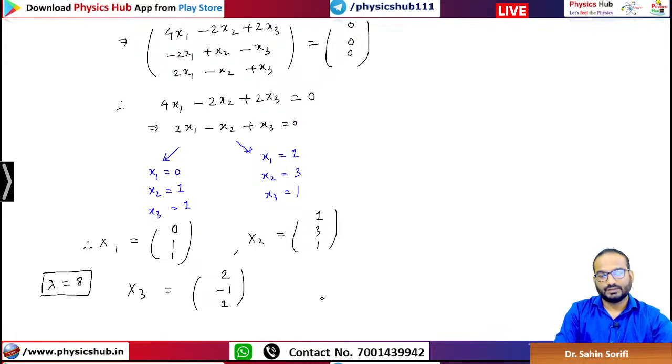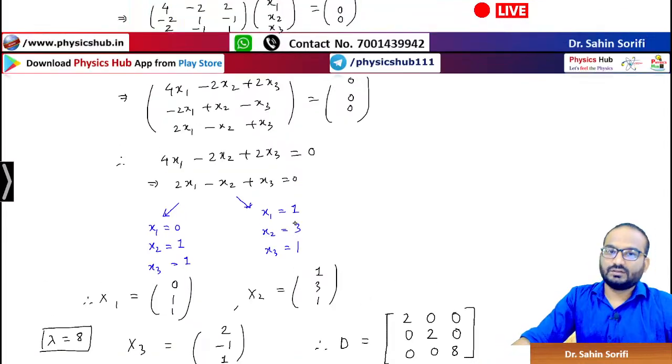So D, the diagonalized matrix, these three x1, x2, x3, they are linearly independent vectors. So as per the rule, we just need to write the eigenvalues along the principal diagonal and other elements 0, then it should give you the diagonalized matrix.